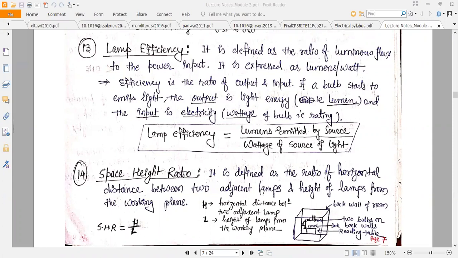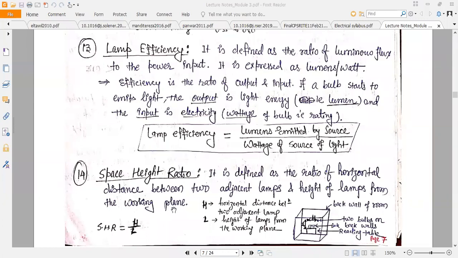हॉरिजॉन्टल डिस्टेंस. ओके, सो इट इज द रेशियो ऑफ हॉरिजॉन्टल डिस्टेंस बिटवीन टू एडजेसेंट लैंप. उन दोनों ट्यूबलाइट के बीच में जो डिस्टेंस होगा, दैट डिस्टेंस डिवाइडेड बाय the height of the lamp from the working plane. What is this working plane?